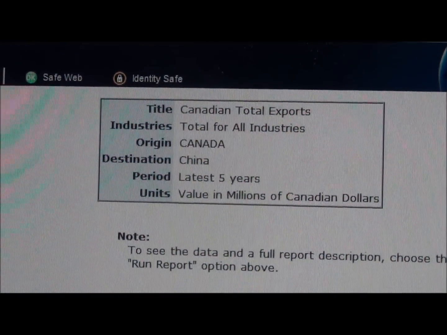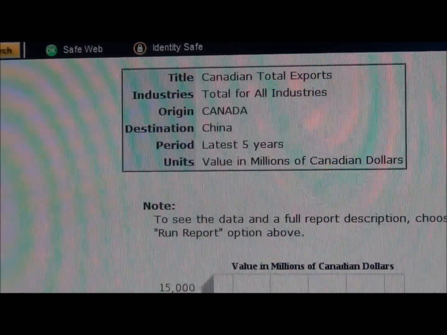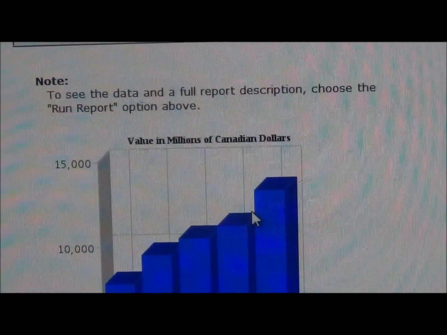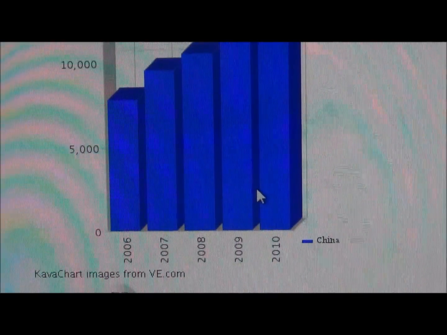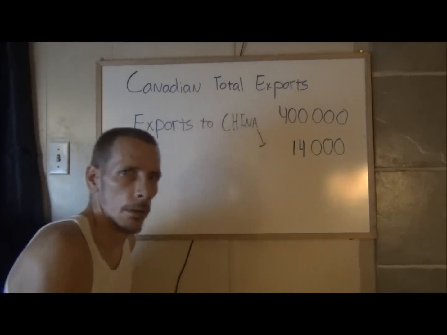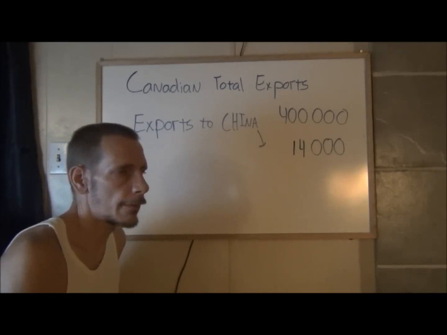Canadian total exports leaving Canada, heading to China, last 5 years, about 14,000. Scroll down, 2010, China, 14,000. There are many people hoping that China will replace the United States of America. It will never happen.